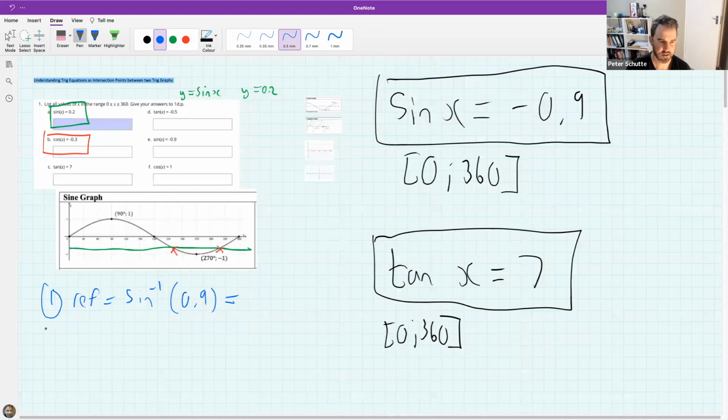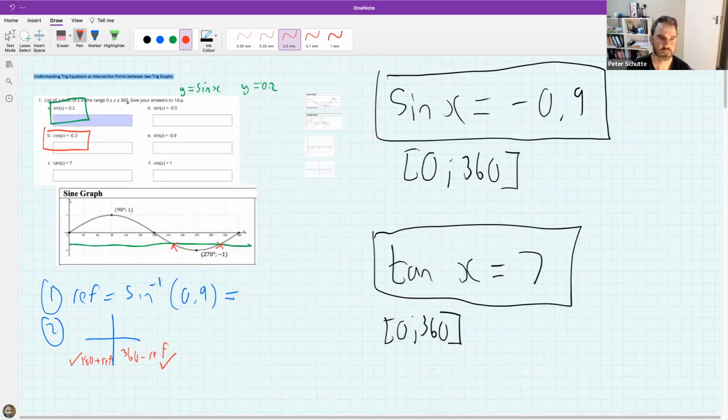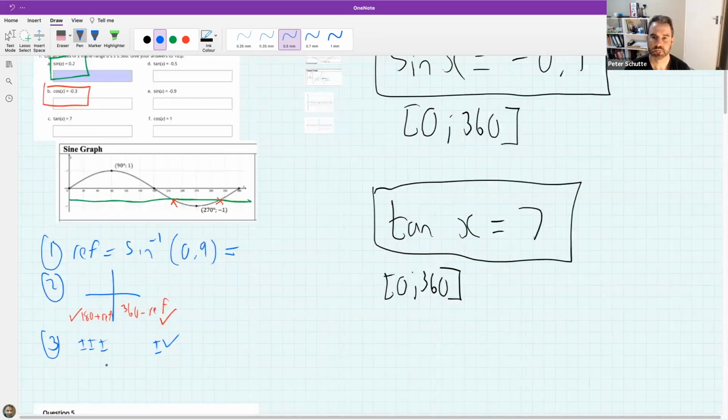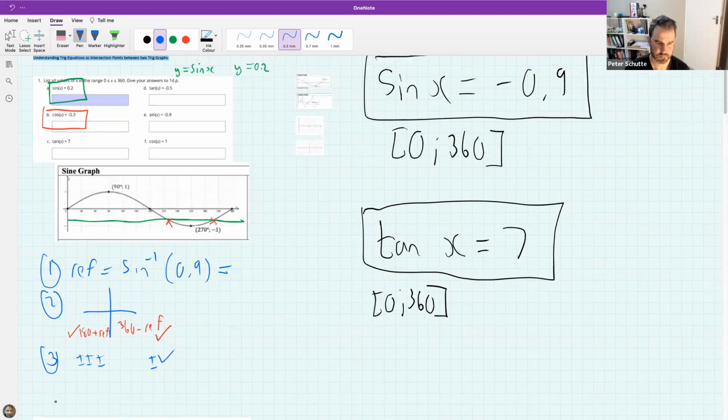Pop the reference angle that you get in the chat. So our reference angle we've got is 64.16.